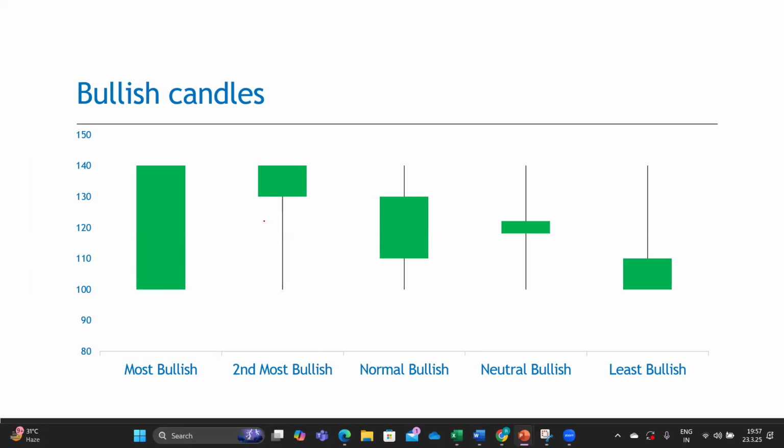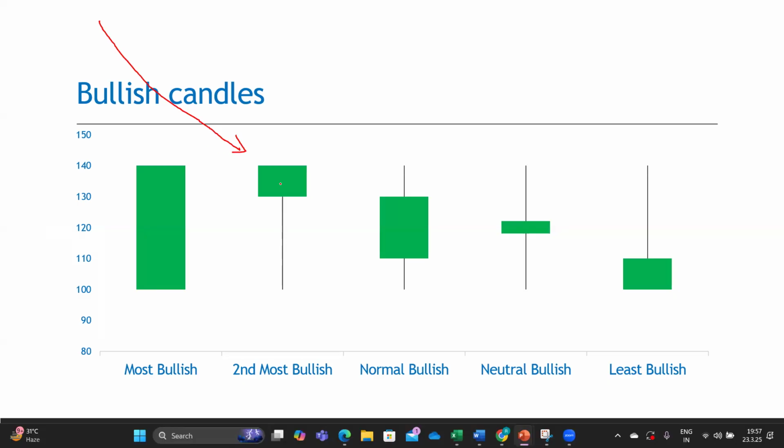You will see this kind of candle later on also. This candle is also known as a hammer. If you see the top, it looks like a hammer, right? We will learn this maybe in the next session or so. So this candle is also an indication of, let's say, the stock is in a free fall, the stock is falling.